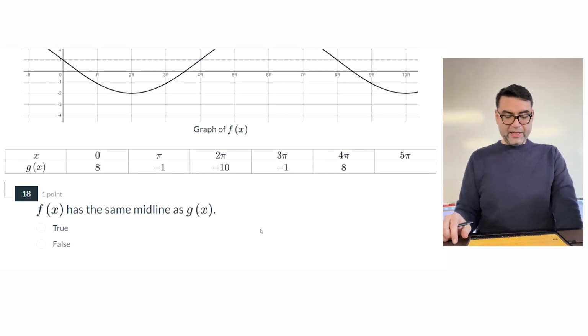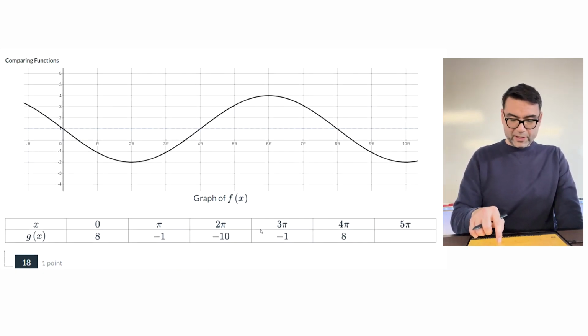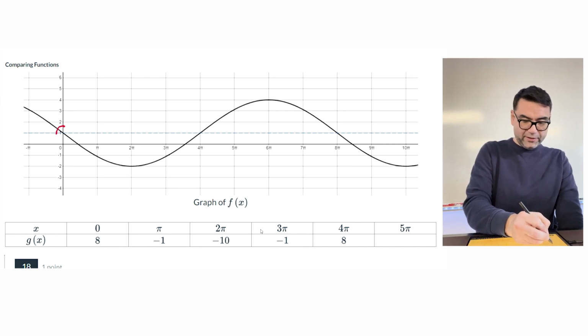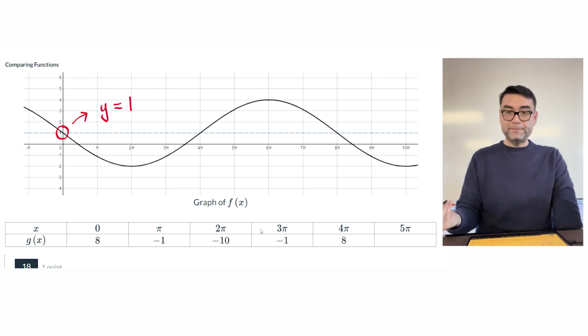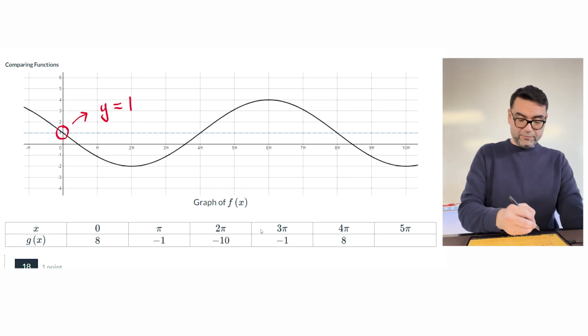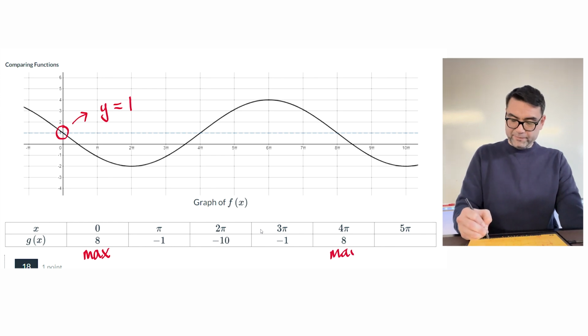Okay, f of x has the same midline as g of x. Well, on the graph, it's really easy to see your midline. It's dotted here for you, so that's where the midline value starts. So our midline is y equals 1. Well, if you look at my table, this happens to be a cosine graph, and the way I know that is, 8 is the maximum of this table, and it returns to the maximum here.